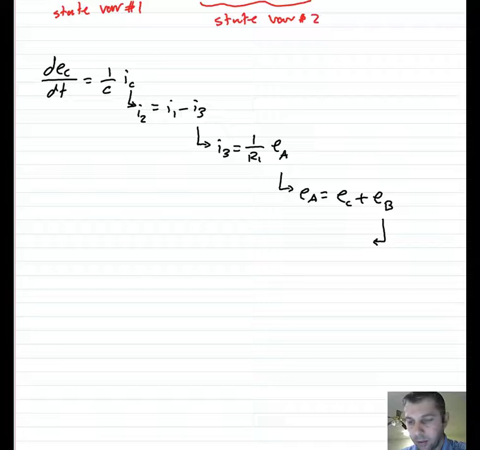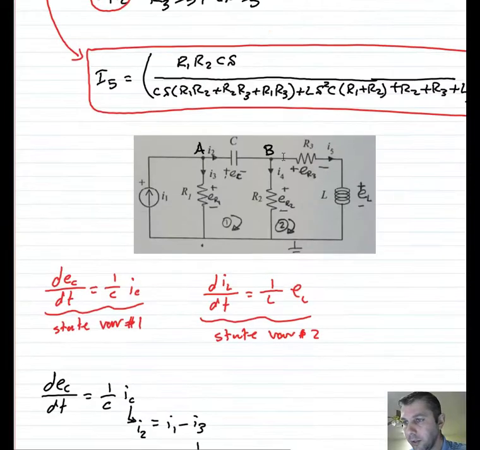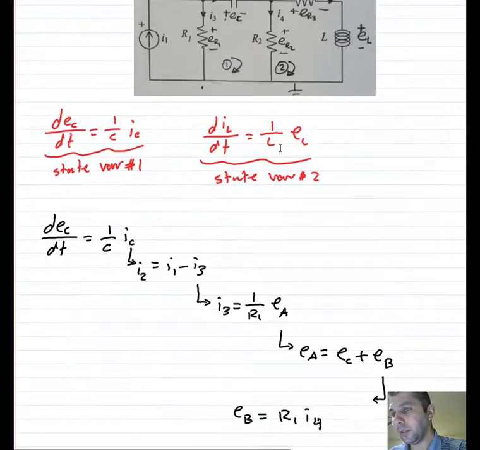And EB is equal to R1 times current 4. So you can see that the voltage at B is current 4 multiplied by R1.